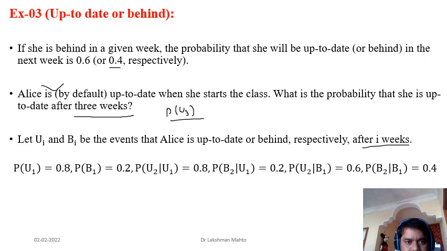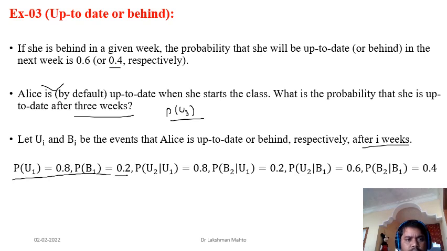Based on that, we consider whether she is behind or up to date. There is no mention for the first week, so we have given freedom. She will be treated as up to date. So that's where the probability of U1 would be 0.8 and the probability of B1 would be 0.2.